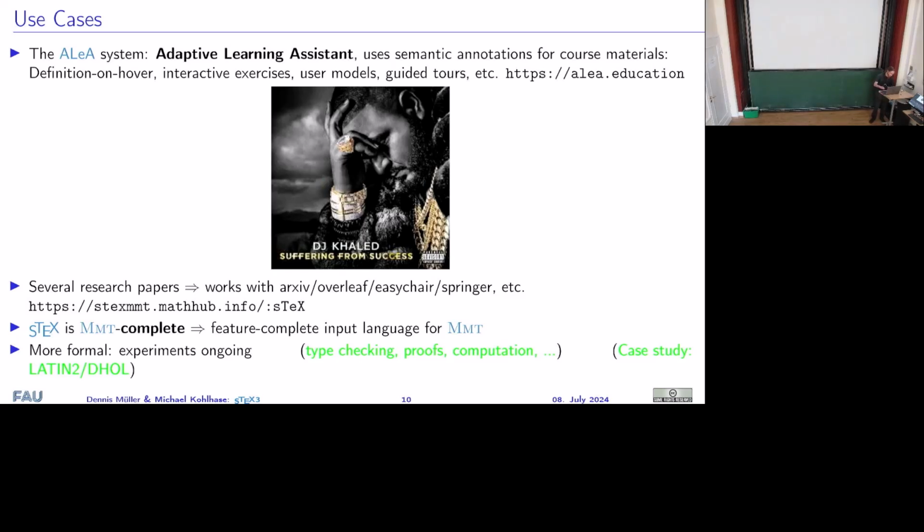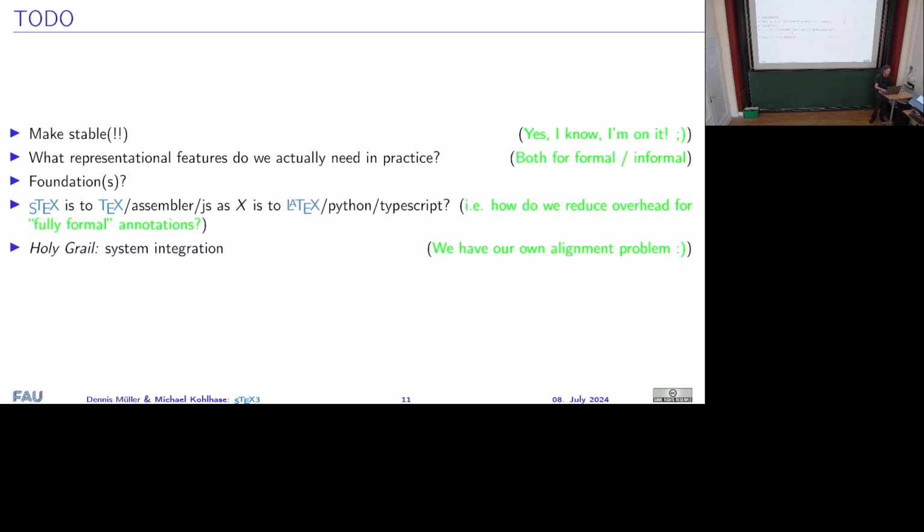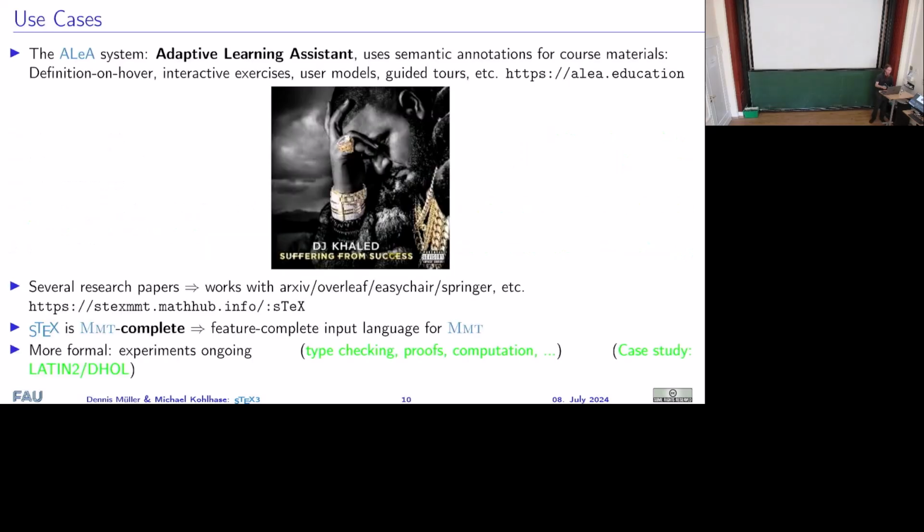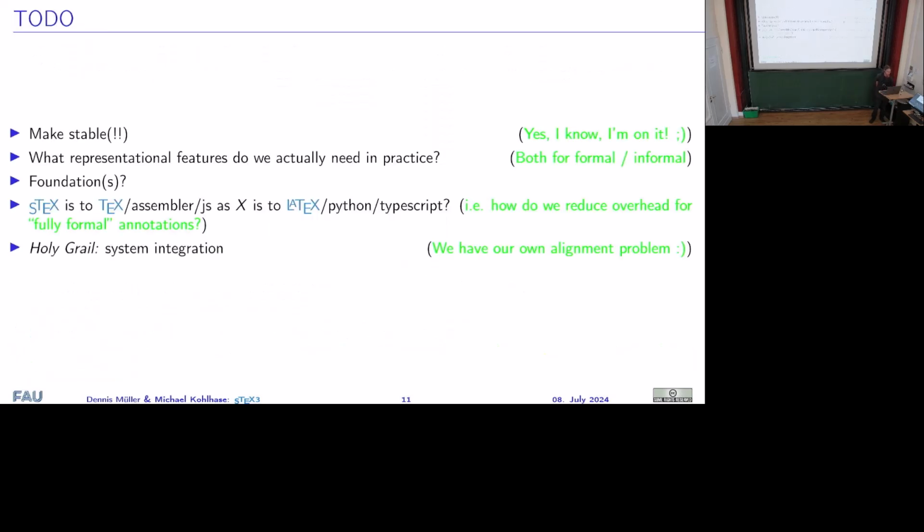If you've talked to Florian Rabe at some point, you know that he's currently working on this dependently higher order logic thing. I basically just took his formalization of that in MMT and ported that to STEC to see whether that works, and that worked surprisingly well. I can show you all of these things gladly, since I still have 10 minutes anyway. I'm very flexible depending on what you want to see.